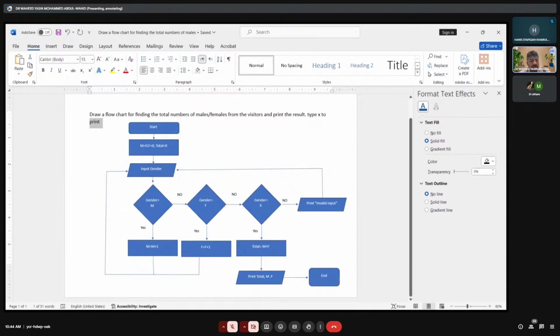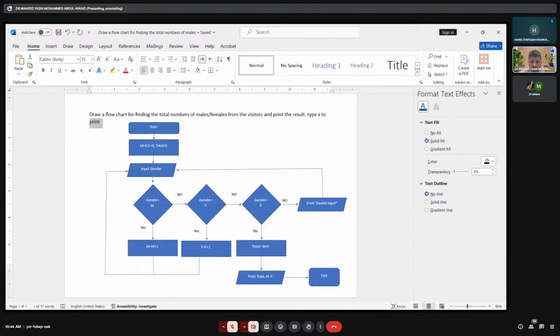Okay, so I think we cover all the options, and then we have the gender and how to think to solve this simple question.